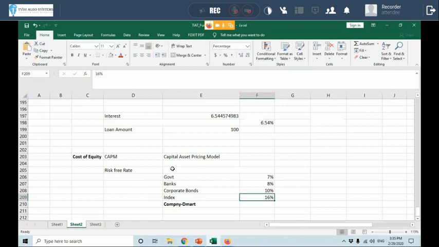Okay. So that risk is called as beta. One component is risk-free rate.